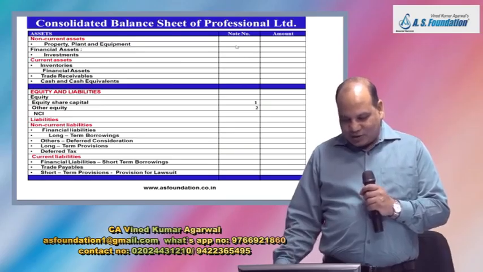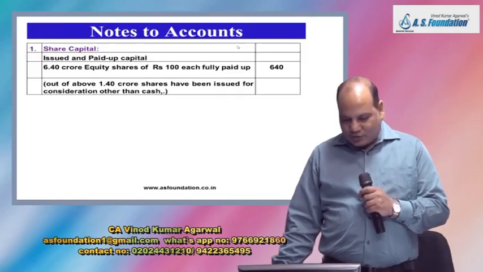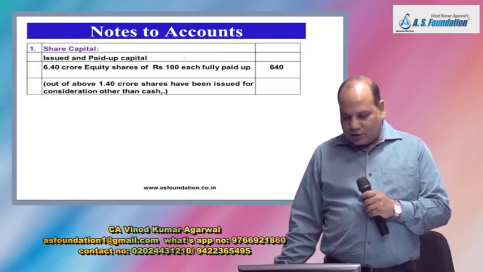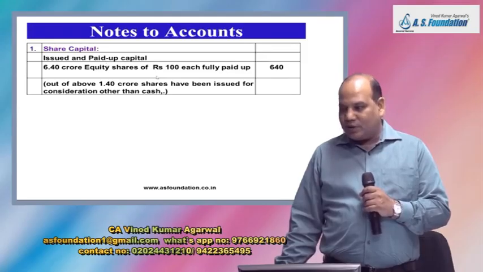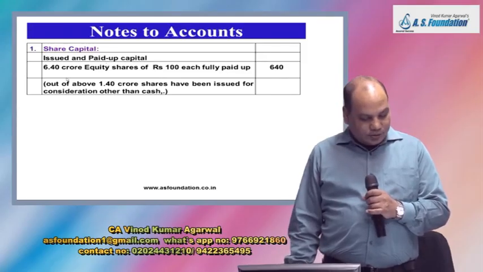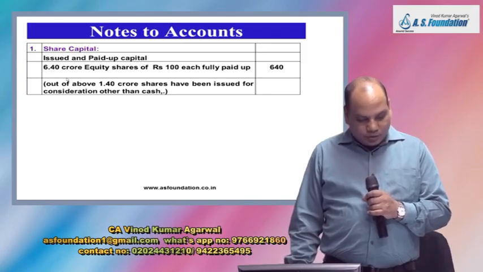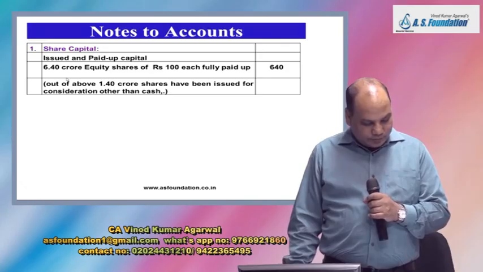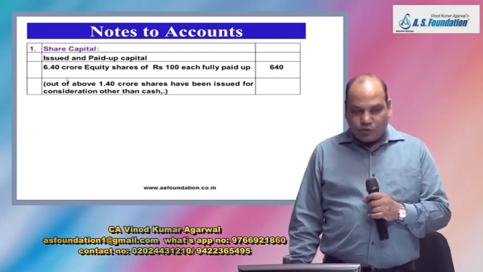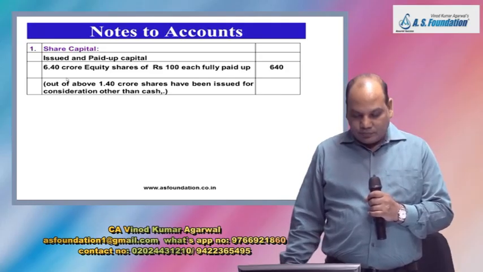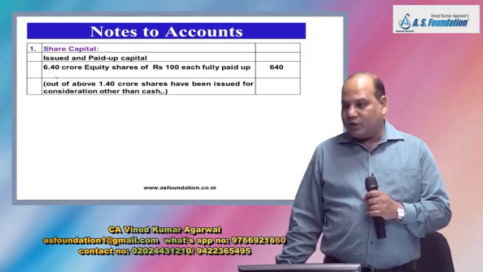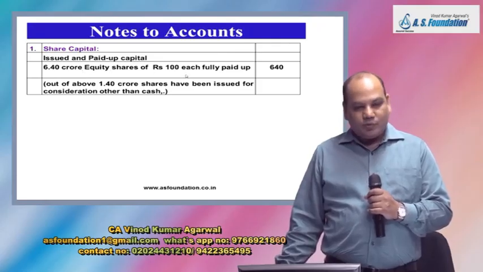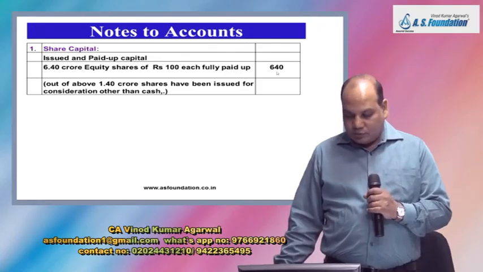So let us start this wonderful answer. First write down share capital. Share capital, write down issued and paid up capital. In the given SOFP, there are 5 crore shares and you have issued 1.4 crore shares. So 6.40, 5 plus 1.40. 6.4 crore equity shares of rupees 100 each fully paid up, 640.